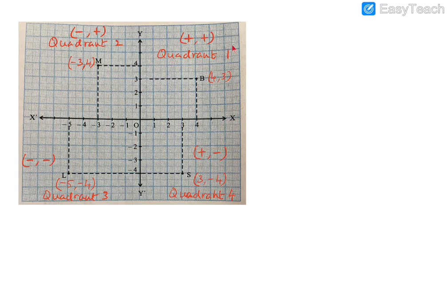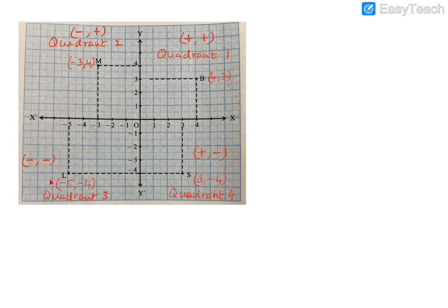So quadrant 1 is plus plus, quadrant 2 is minus plus, quadrant 3 is minus minus, and quadrant 4 is plus minus. So for all points that lie in the first quadrant, the x and y coordinates will be positive. In other words, if we are given the coordinates of a point and both are positive, that point lies in quadrant 1. If the x coordinate is negative and the y coordinate is positive, the point lies in quadrant 2.